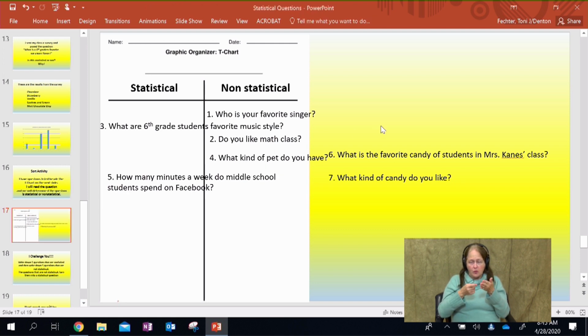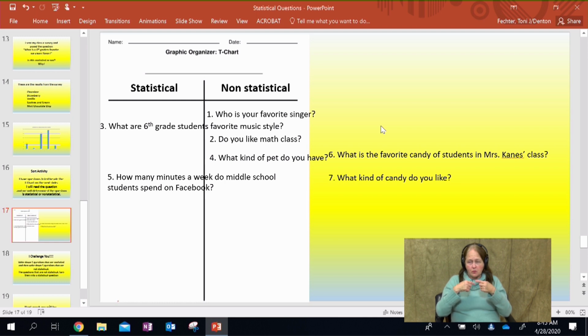What is the favorite candy of students in Miss Kane's class? Okay, let's look at our population. Do we have more than 2 people or 1 person that we're talking about? Yes, I'm talking about all the students in my class, so I am definitely going to have more than 1 person that I'm asking. The next thing to ask yourself is about the item that we're talking about.